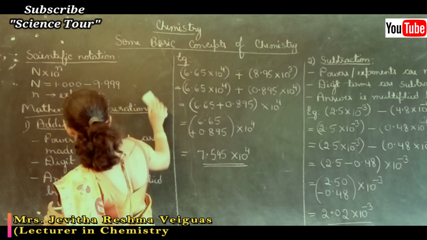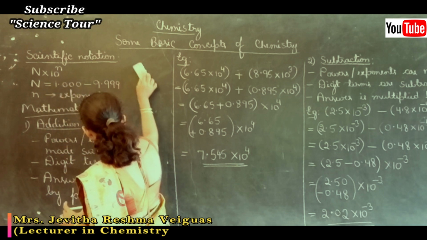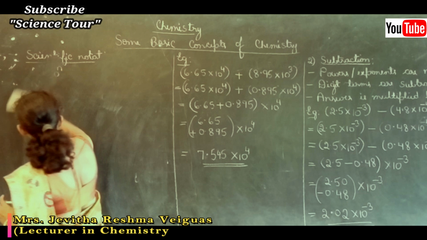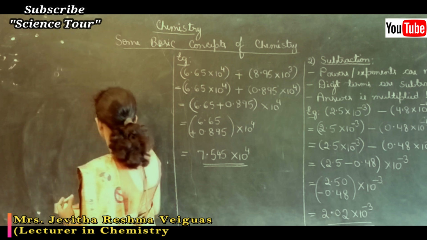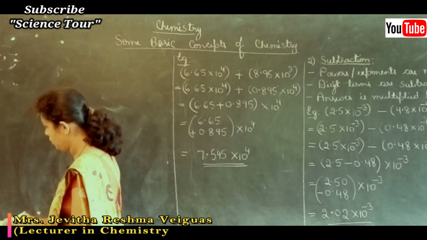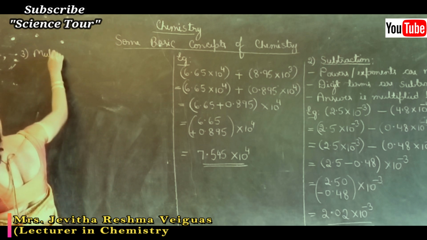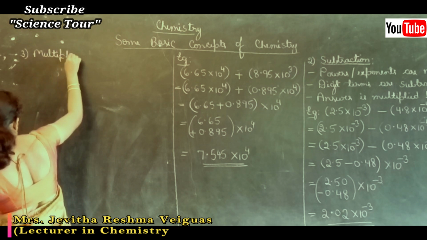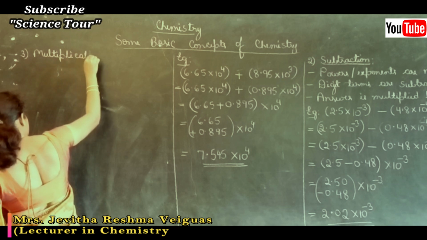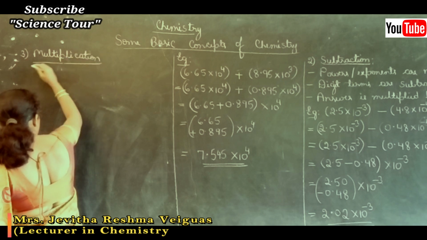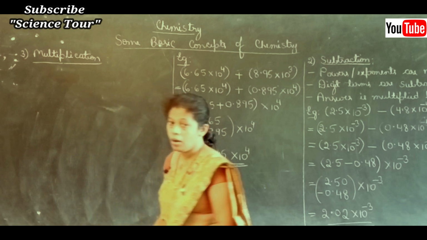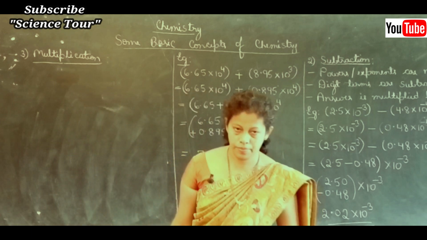So the next mathematical operation, the third one, is multiplication. How to do multiplication?